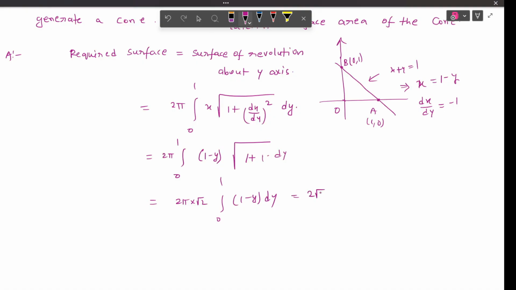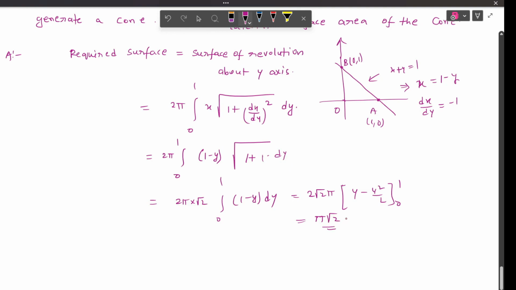So this is 2 root 2 pi, integration is y minus y square by 2 from 0 to 1. If you put 1, it will be 1 minus 1 by 2, that is half. So half and 2 will cancel out. And if you put 0, it will be 0. So pi root 2 is the answer.